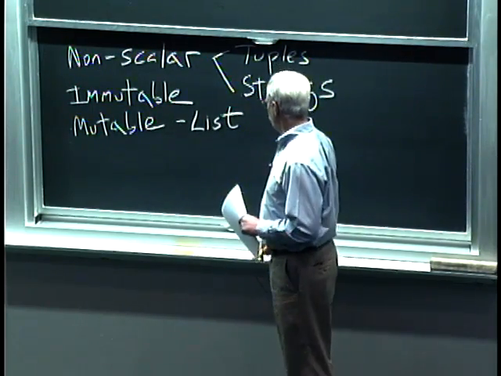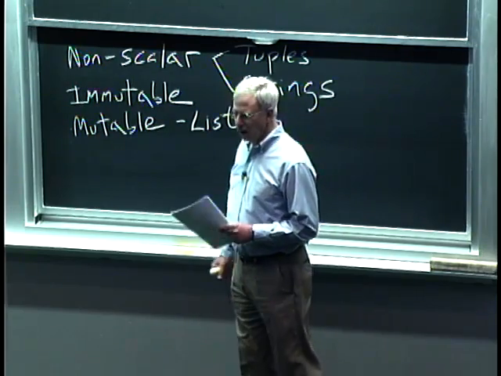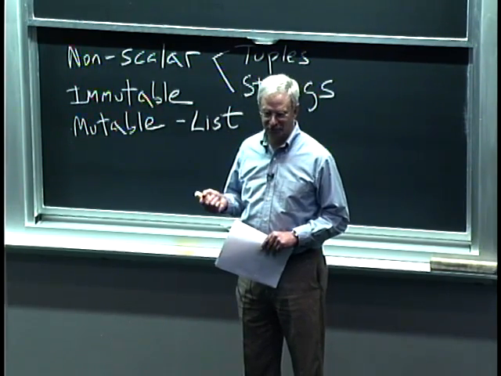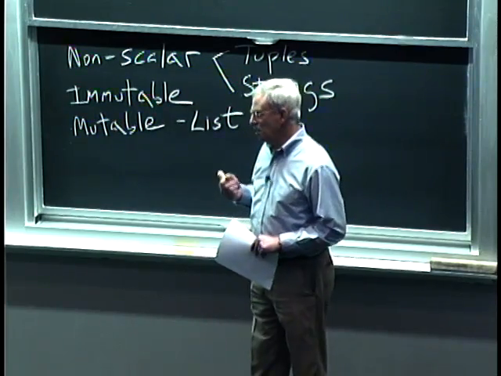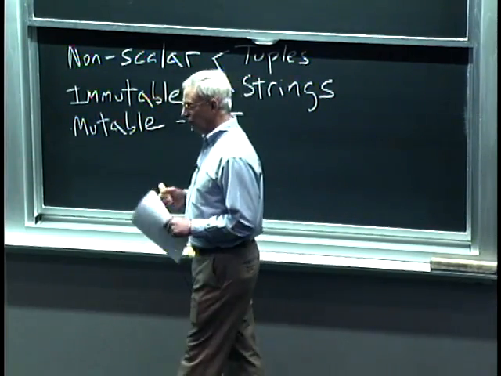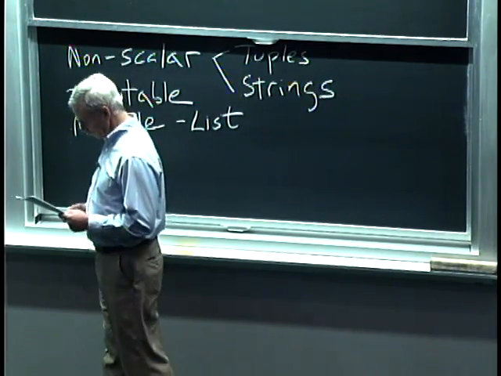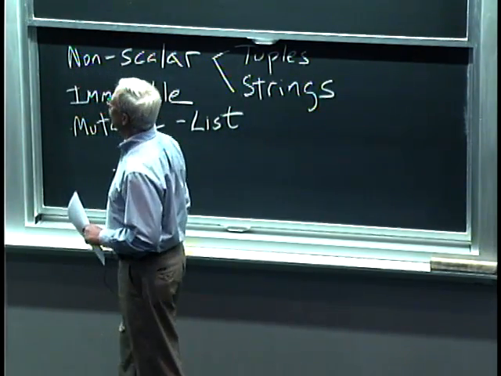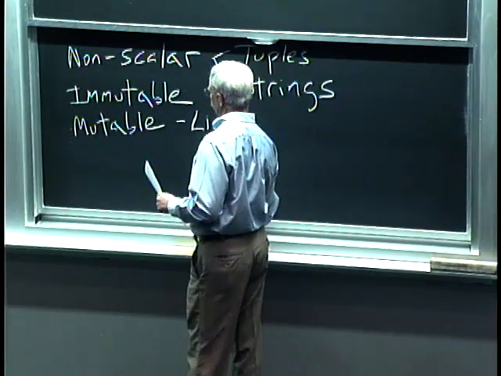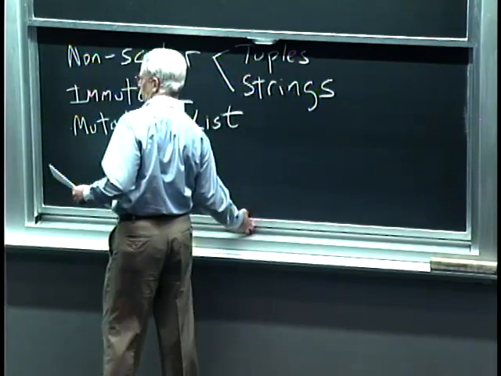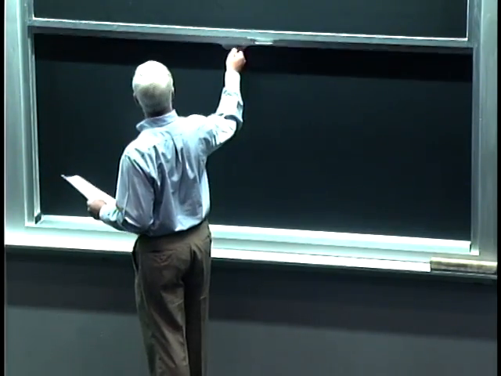One way is that they're mutable. The other way is that the values need not be characters. They can be numbers, they can be characters, they can be strings. They can even be other lists. So let's look at some examples here. What we'll do is we'll work on two boards at once.